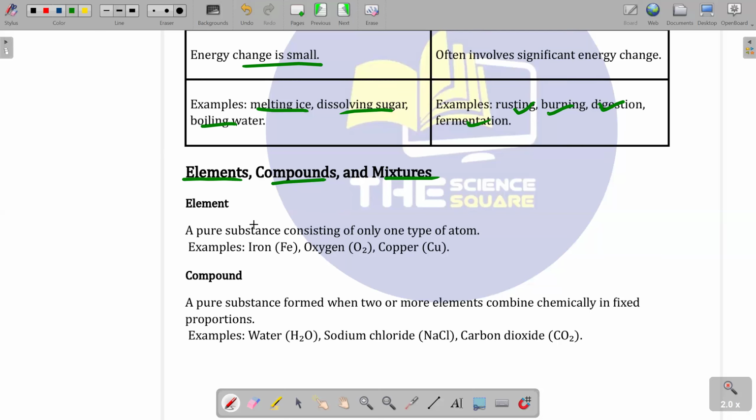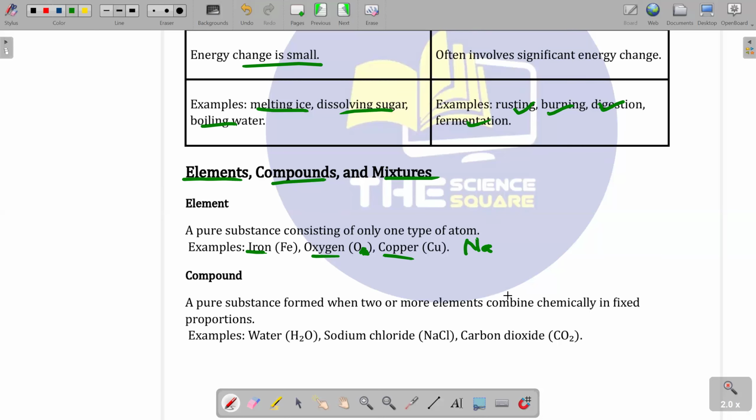So, an element is like a packet of atoms. Oxygen here is an element. Iron here is an element. Copper is an element. Sodium, Na, is an element. So these are elements that contain atoms of their own element. Only one type of atom is present in them.